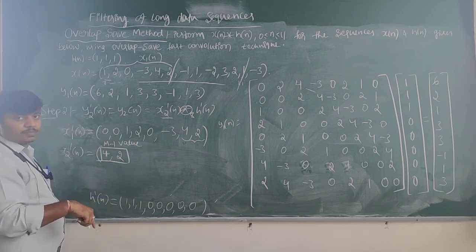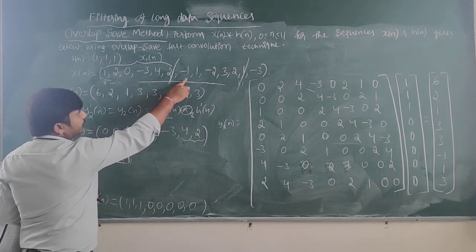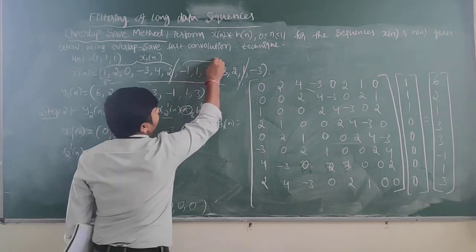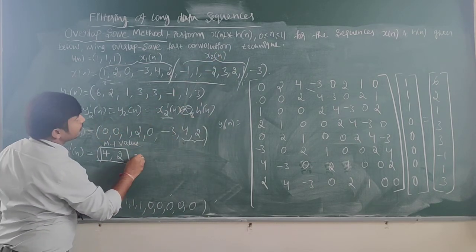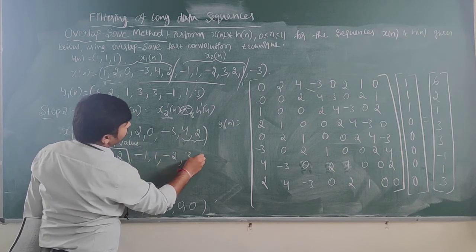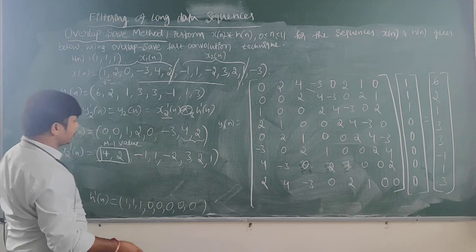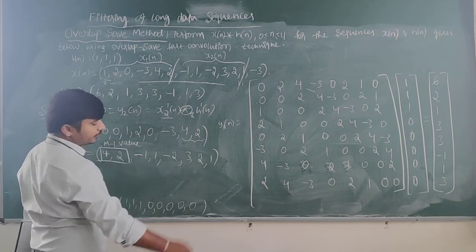This is the m minus 1 values of the previous sequence. Next comes x2 of n: minus 1, 1, minus 2, 3, 2, 1, making 8 entries in total.